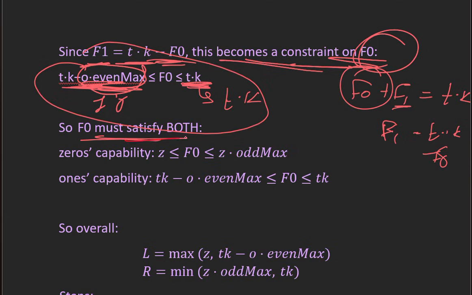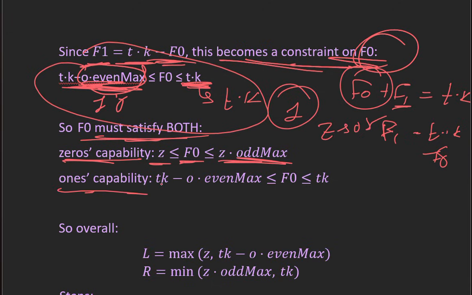So f naught must satisfy both capabilities. For zeros, f naught should be z if we flip only one time, else z into odd maximum, where z is the number of zeros.